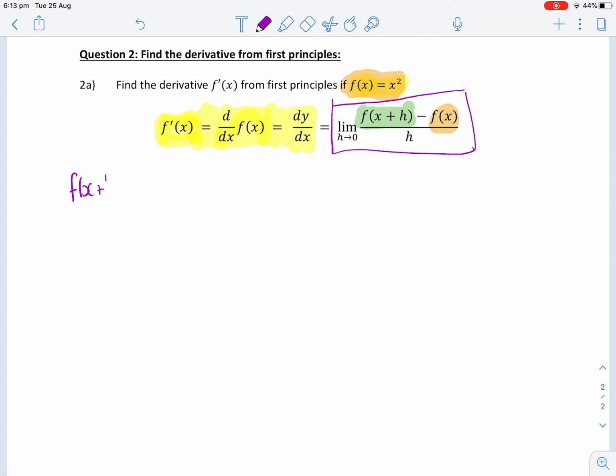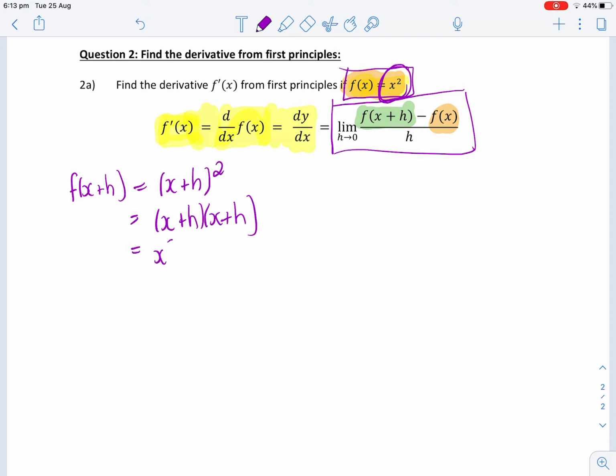So f of x plus h means where there's an x in the function f of x, I'm going to substitute x plus h, squared because it's x squared. I simplify that. That means the bracket times itself. And then I expand the brackets, and that will be x squared plus 2xh plus h squared. So then I also have the value for f of x plus h.